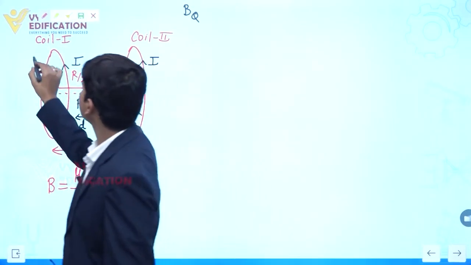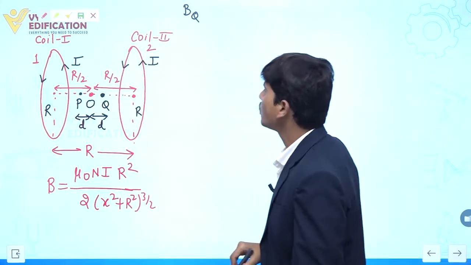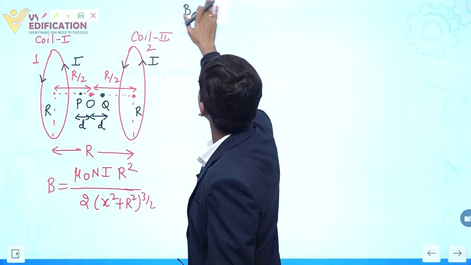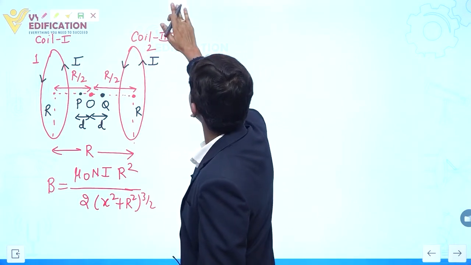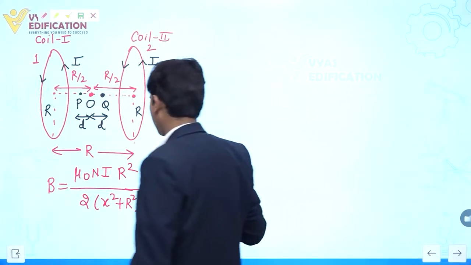Let's suppose this is coil number 1, and this one is coil number 2. Due to coil number 1, I can write the value of B1. I am writing it here inside because this will be required for us.